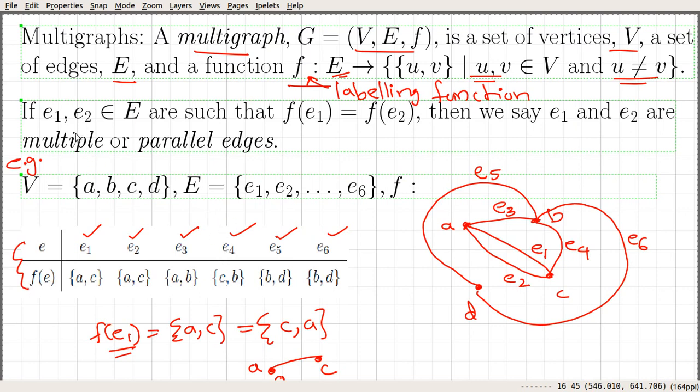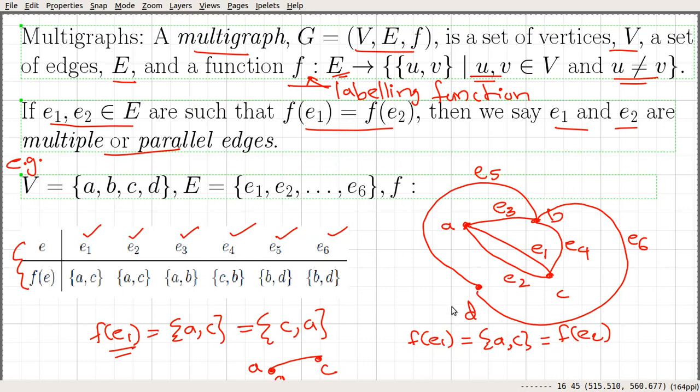Okay, and here suppose that we have two edges E1 and E2, elements of E, such that f of E1 equals f of E2. Then we say that E1 and E2 are multiple or parallel edges. So here we can see that f of E1 is equal to the set AC, which is equal to f of E2.